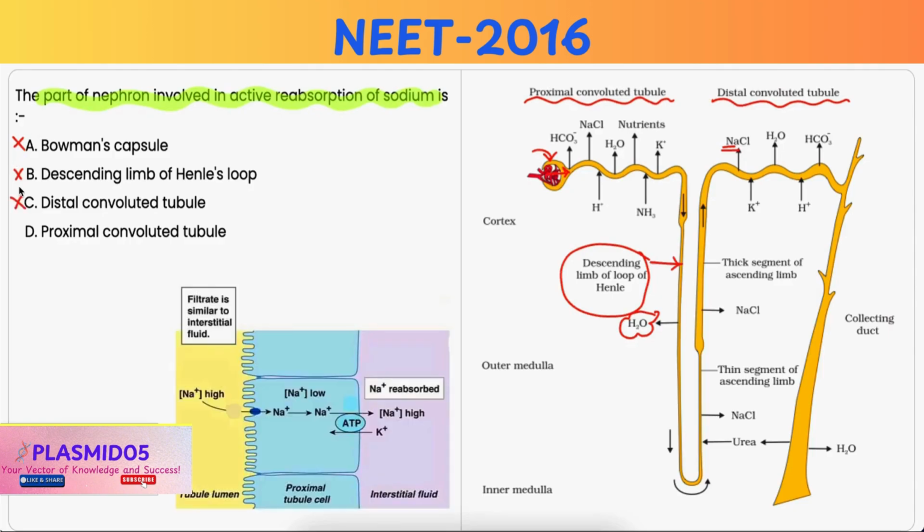Option D, proximal convoluted tubule. The proximal convoluted tubule is the main site for active reabsorption of sodium because it absorbs approximately 65 to 70% of the filtered sodium along with water and other essential substances using active transport mechanisms. Hence, it is the correct option.